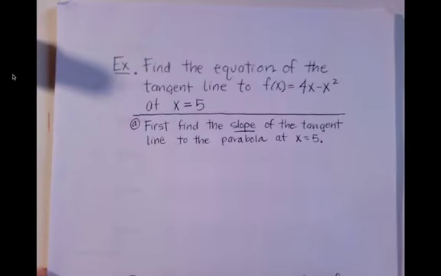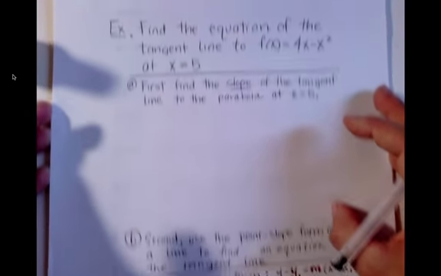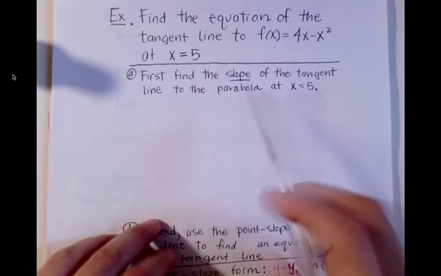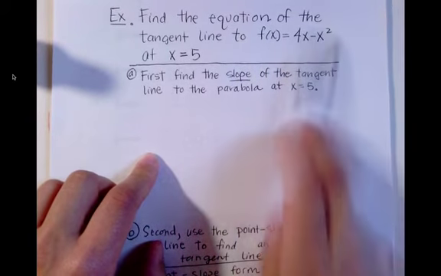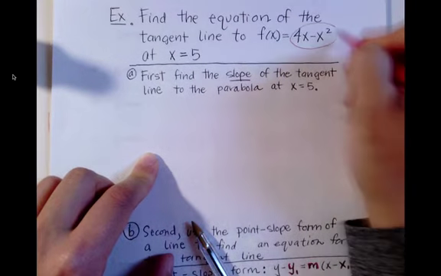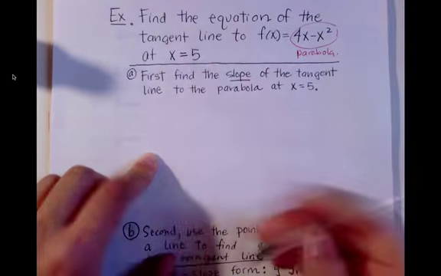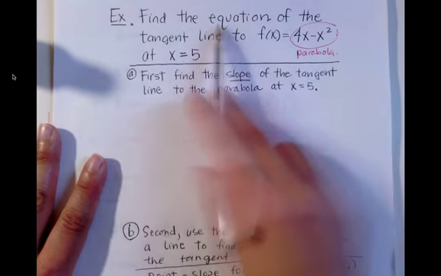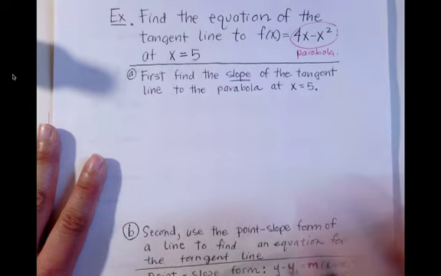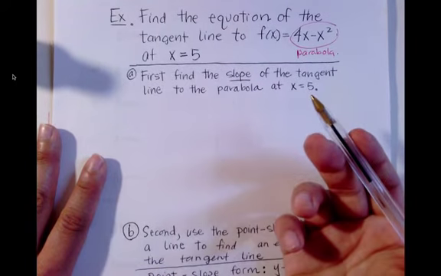Next I'm going to do an example. What I want to do here is find the equation of the tangent line to f of x. This is a parabola, at x equal 5. The first thing we need to do to find the equation of any line is find the slope, and then we need a point the line passes through.